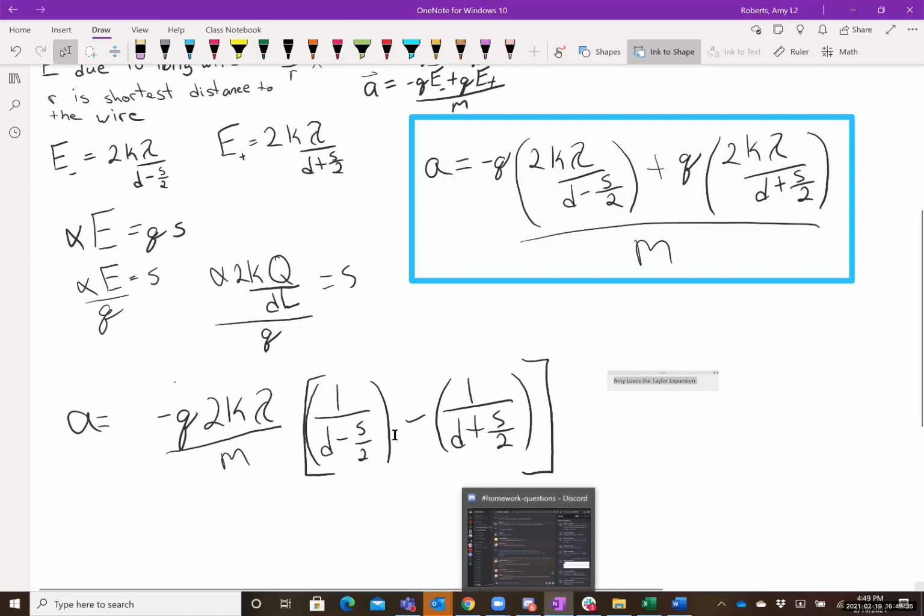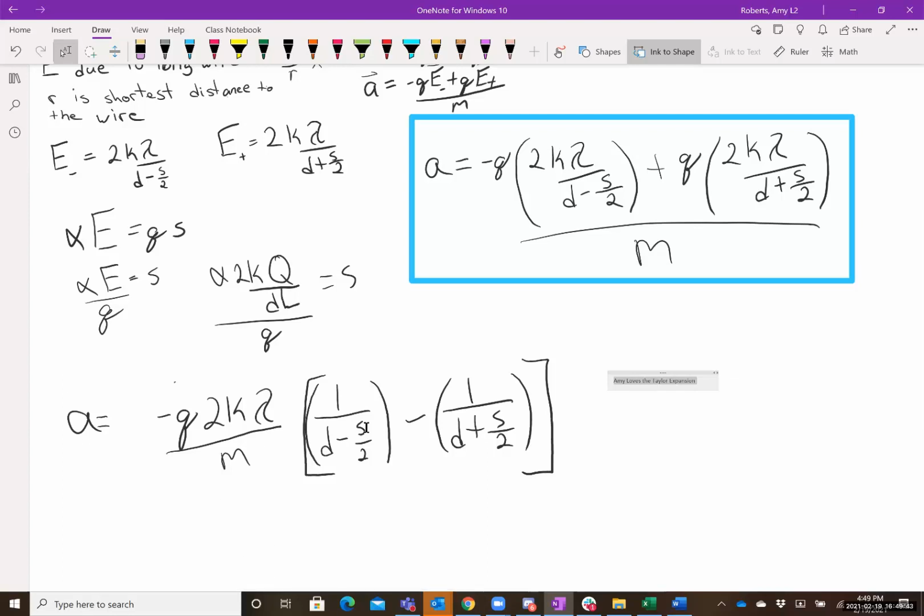So what I would be inclined to do would be to say, look, what we want to know is s is very small. The Taylor expansion focuses on approximating complex functions near a particular point. So I think what we want to do is this is a fairly complex function, and we want to approximate it near the point s equals 0.